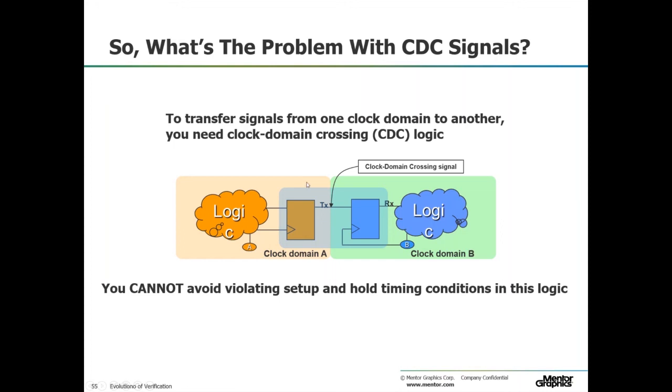Anytime you are sending data from one asynchronous clock domain to another, you have the potential that this signal will go metastable. What that basically means is you hit the setup and hold window of this register, which would cause this output to go unknown.